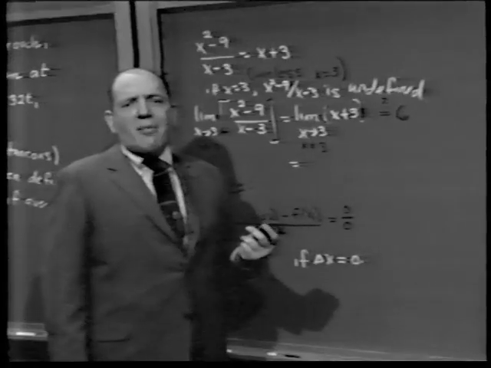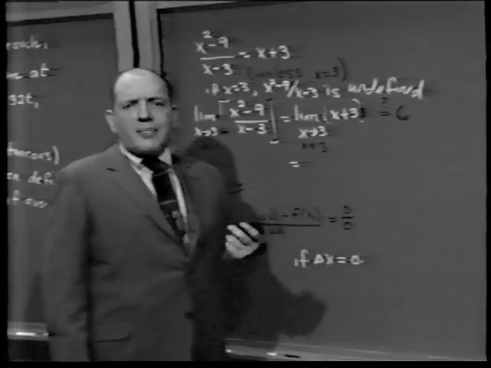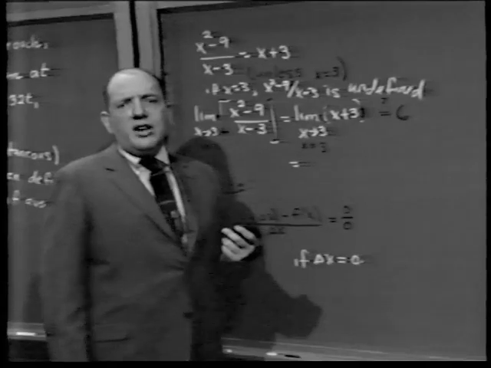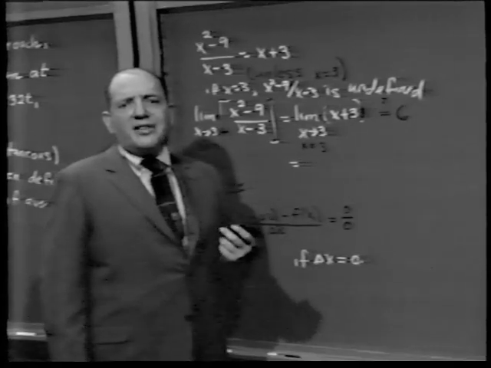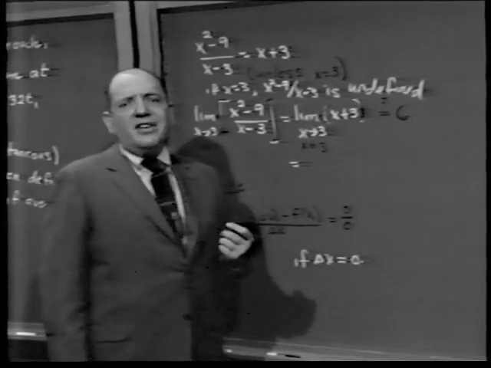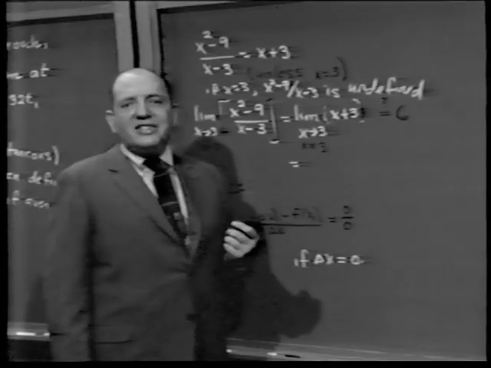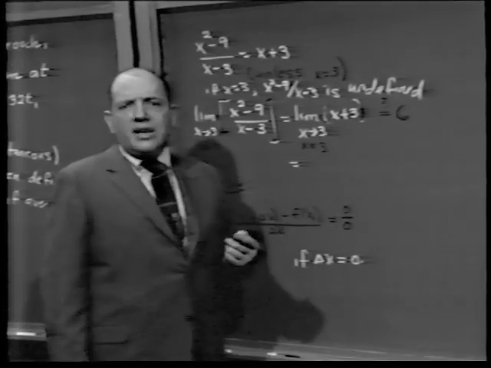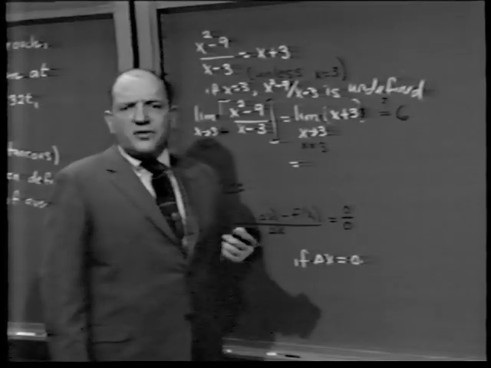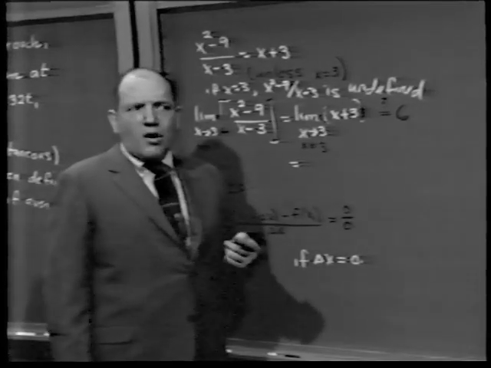And the answer is that the probability is quite small, except in calculus, in which case every time you take a derivative, every time, you are going to wind up with 0 over 0. This is why we said earlier that differential calculus has been referred to as the study of 0 over 0.